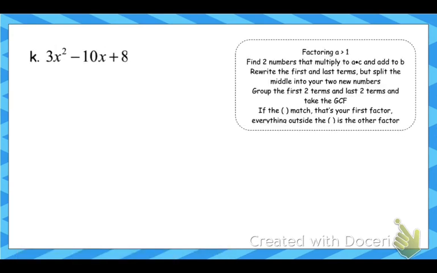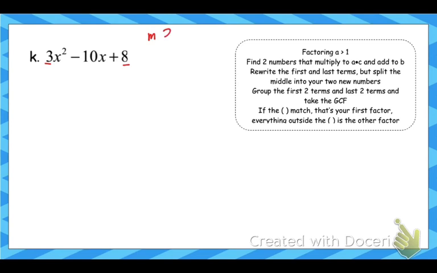All right, so now we're going to look at what happens when the a value is not 1 and it's not a perfect square trinomial. Now, there are a lot of different ways to learn factoring in these cases. If you have a method that you're using that works well for you consistently, continue to keep doing it. But if you're not quite sure how to do these, I'm going to show you guys what is most likely the method you saw in your Algebra 1 classes. So our first step is we multiply the first number and the last number.